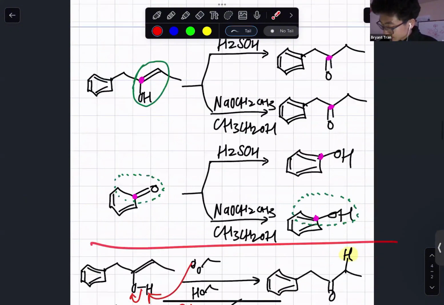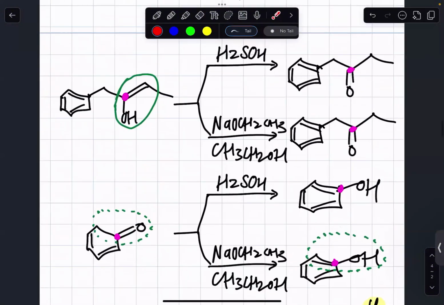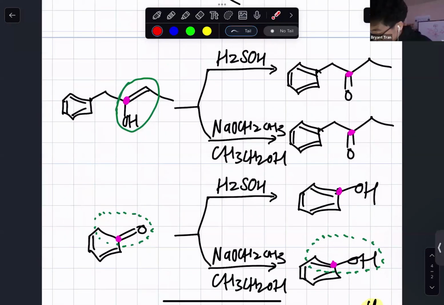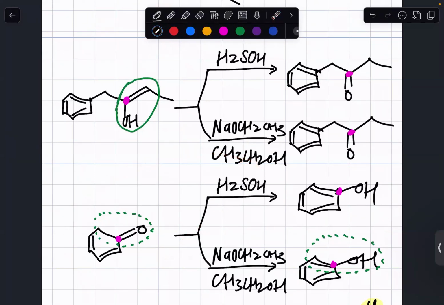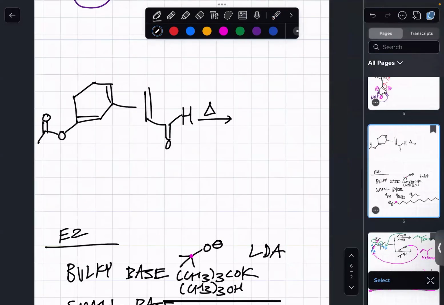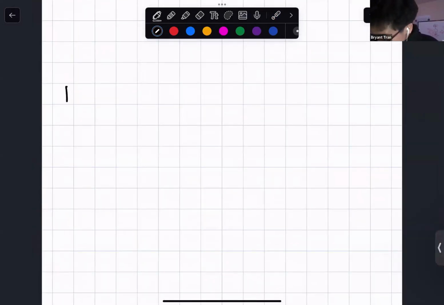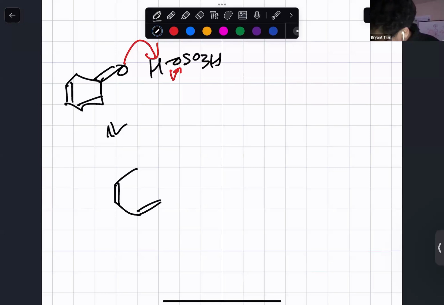So I was doing the mechanism for carbonyl to enol with H2SO4. After you protonate the oxygen, that's the first step, right? The next step is to take an alpha hydrogen, but the ring... Oh. Do you see it now? That's good.